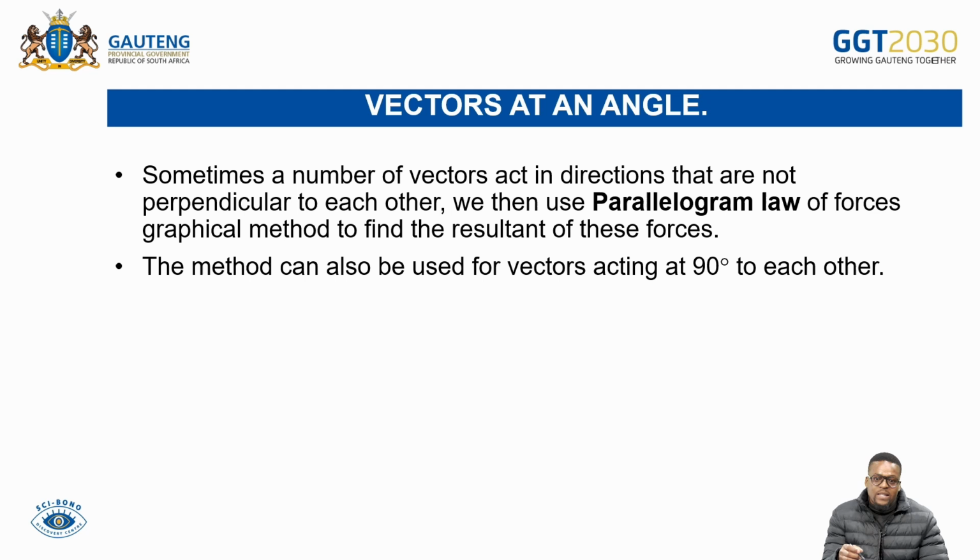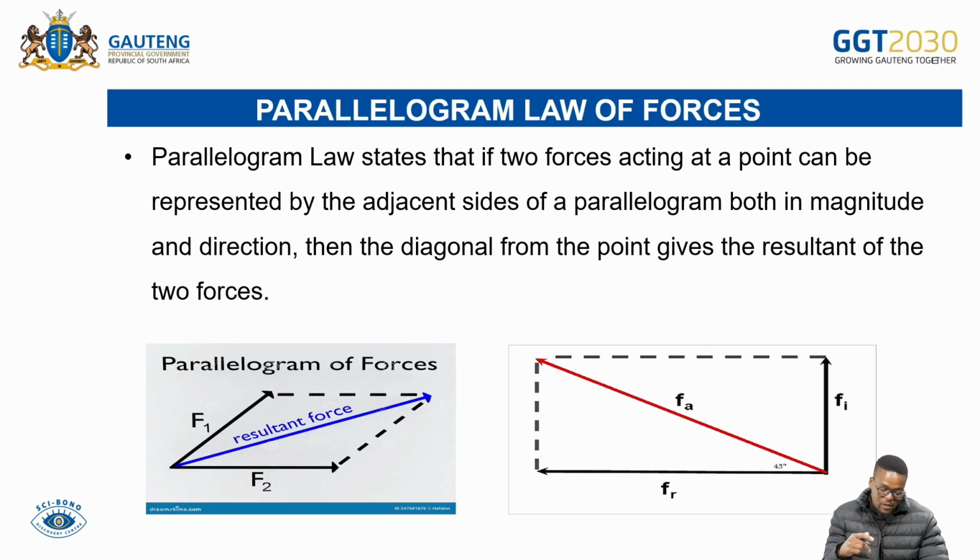So we know about the parallelogram, especially in mathematics. We have done a parallelogram. You know the properties of a parallelogram, which simply means two opposite sides must be equal, right? So those two opposite sides must be equal, which means we have to complete a parallelogram. Okay.